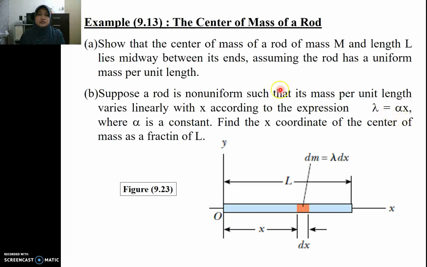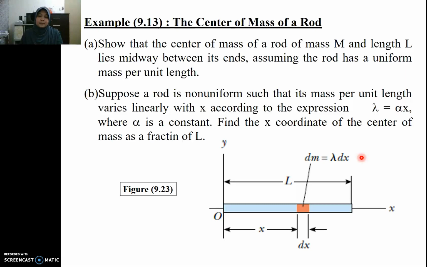Let's look at the first question, where we consider that the rod has a uniform mass per unit length. We divide the system into small elements. Each element has a mass dm, where dm equals lambda dx, and lambda is the linear mass density.